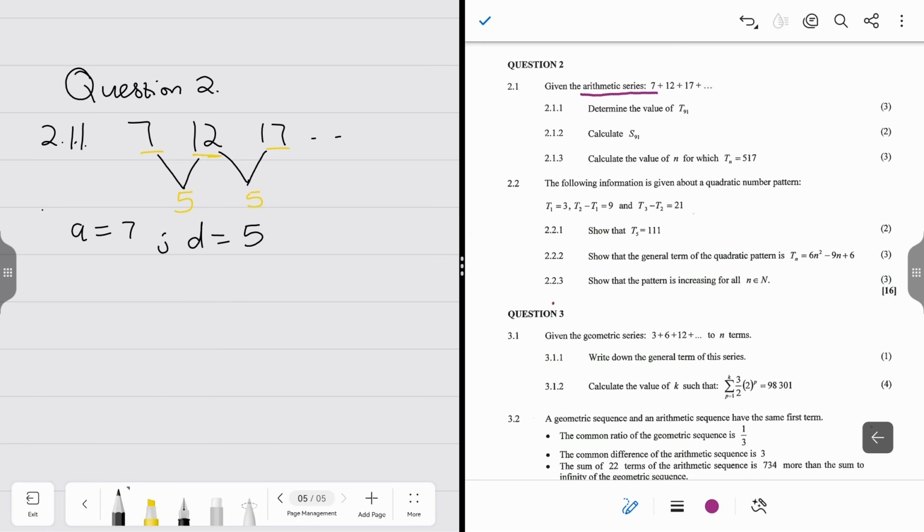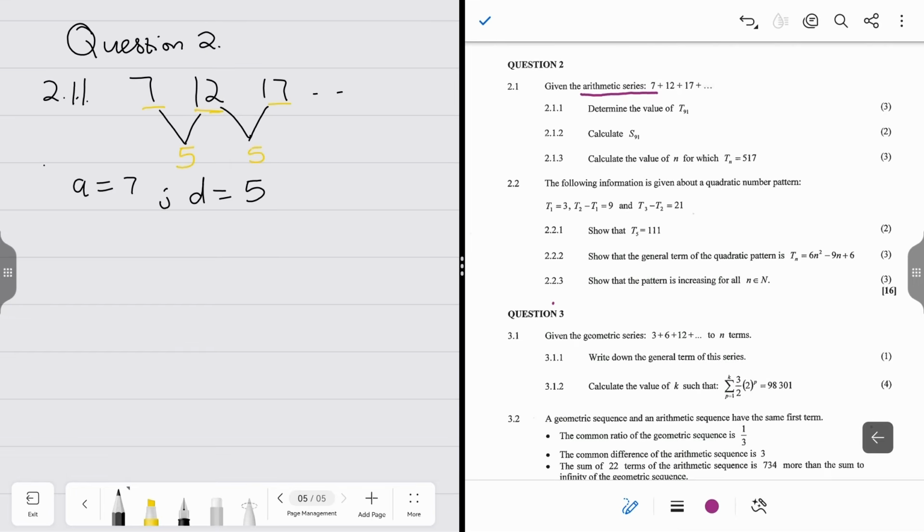Before you do anything on this, you need to copy down your formula first. Our formula, which you find in the formula sheet, usually at the back of your question paper or in front, depending on what the question paper looks like, is Tn equals A plus n minus 1 times D. So let's substitute.